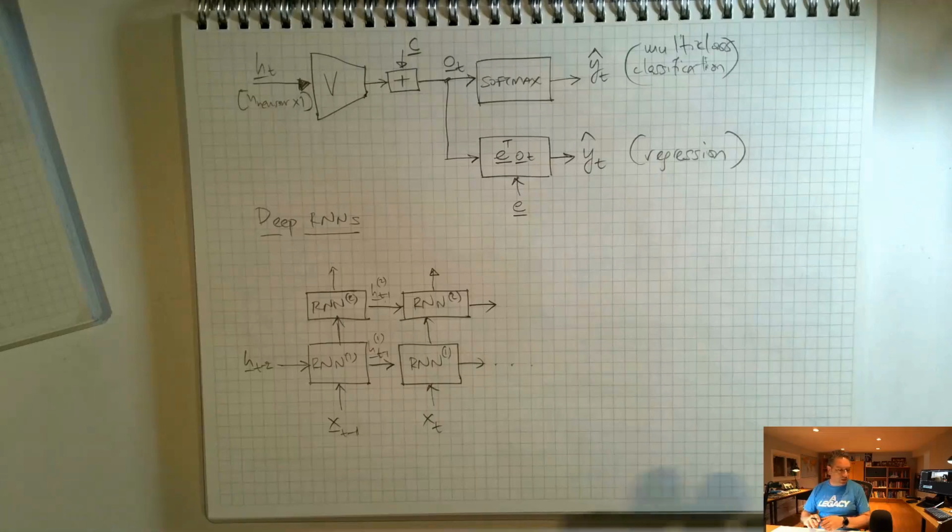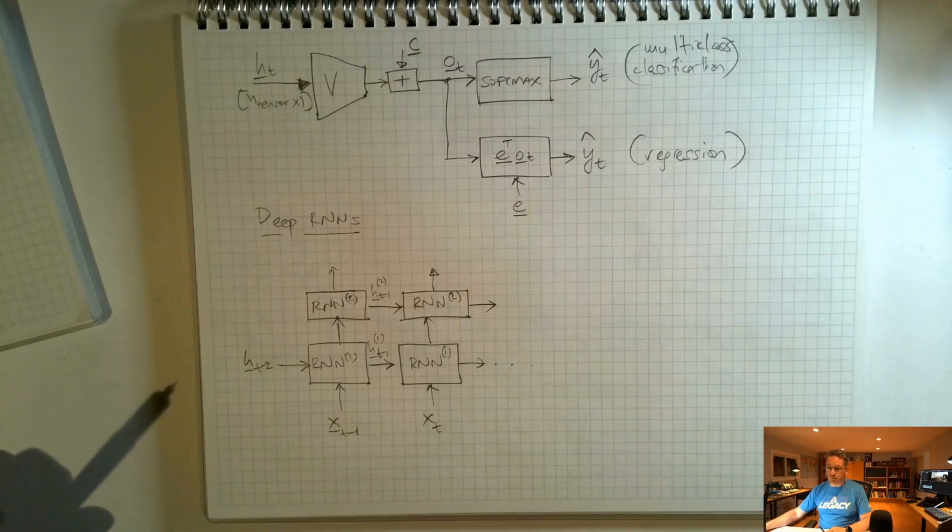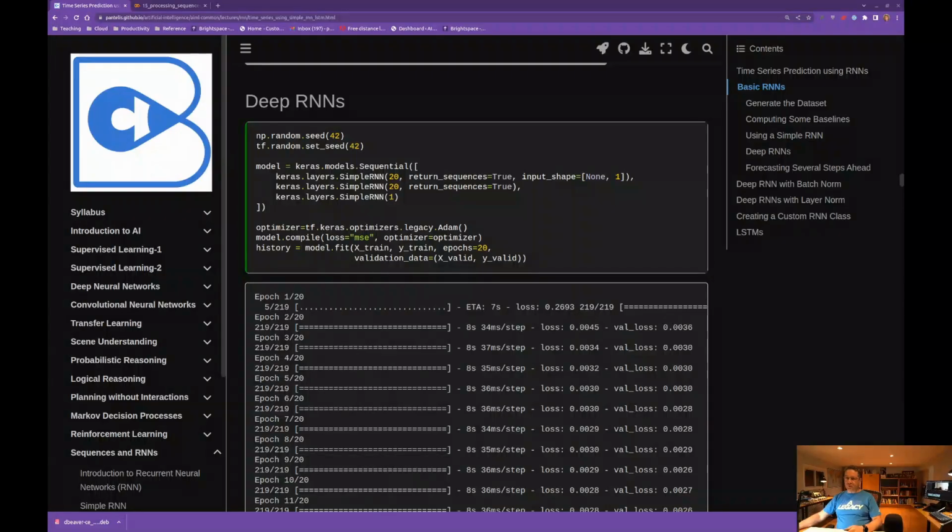And now let's go back to this notebook and see one instance of this deep RNN, specifically for the regression problem that we have dealt with, the time series prediction problem. So this is the notebook. We have 3 layers: the first layer with 20 neurons, the second layer with another 20 neurons, and then the third layer with 1 neuron. And every layer is accepting the dimensionality of the hidden state of the earlier layer.